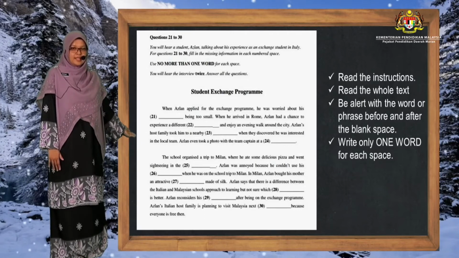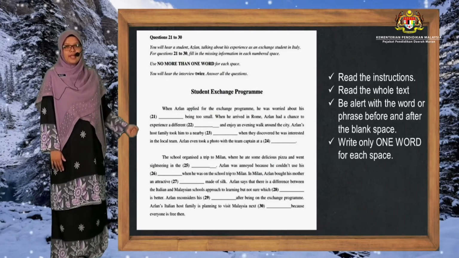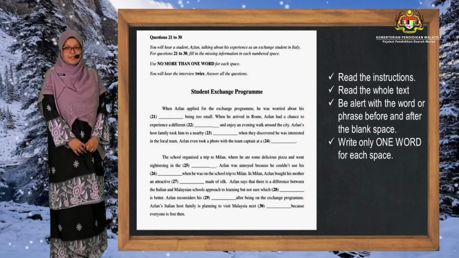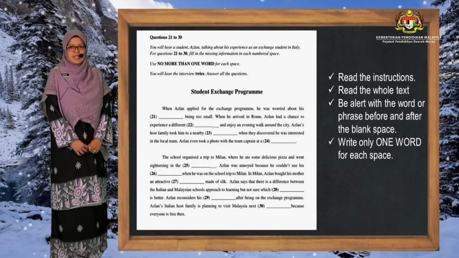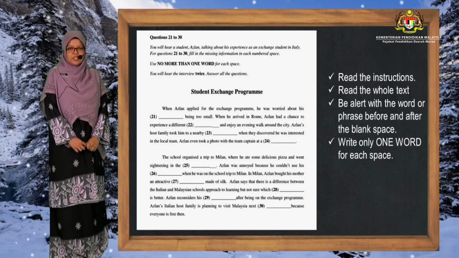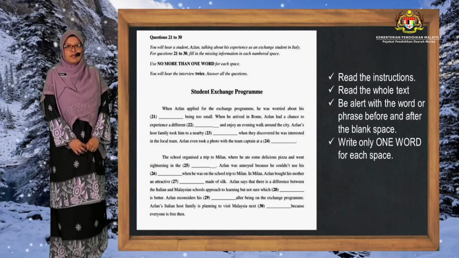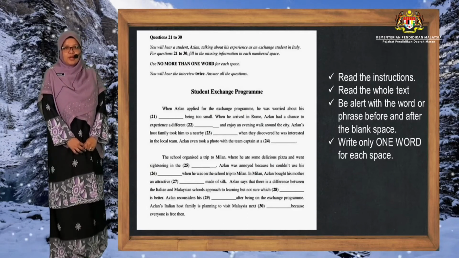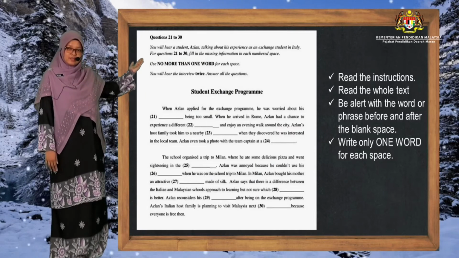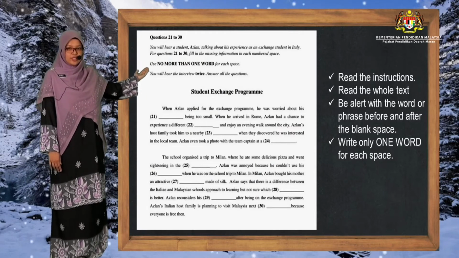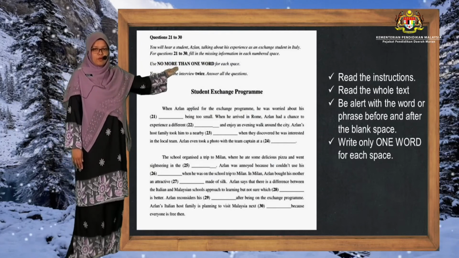And then you have to be alert with the word or phrase before and after the blank space, so it is easier for you to fill in the suitable answer for each space. Remember, only write one word for each space as mentioned in the instruction. Use no more than one word for each space.